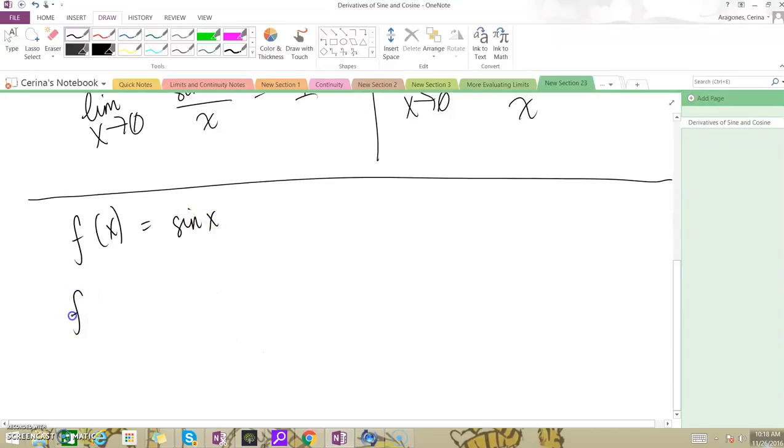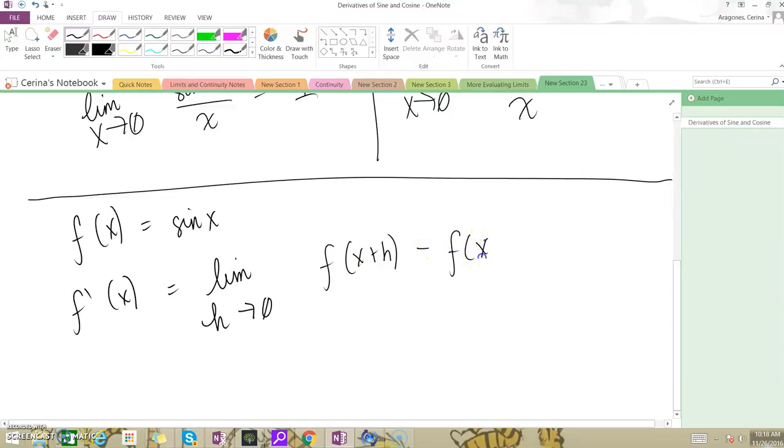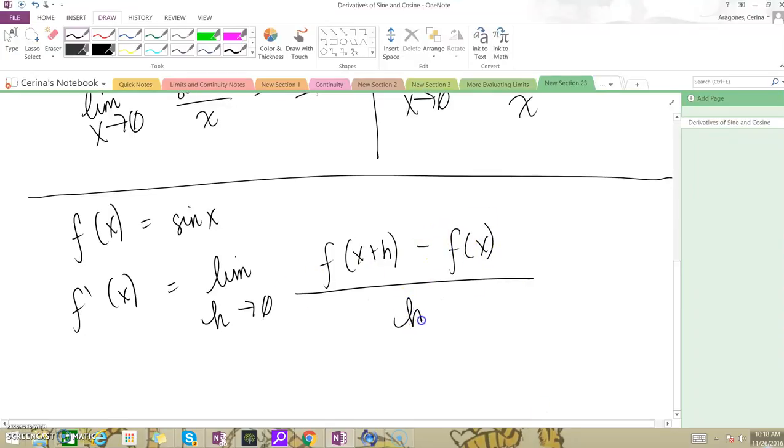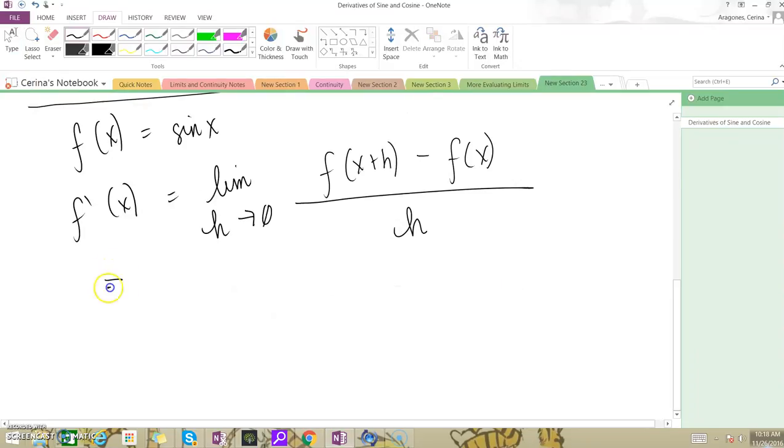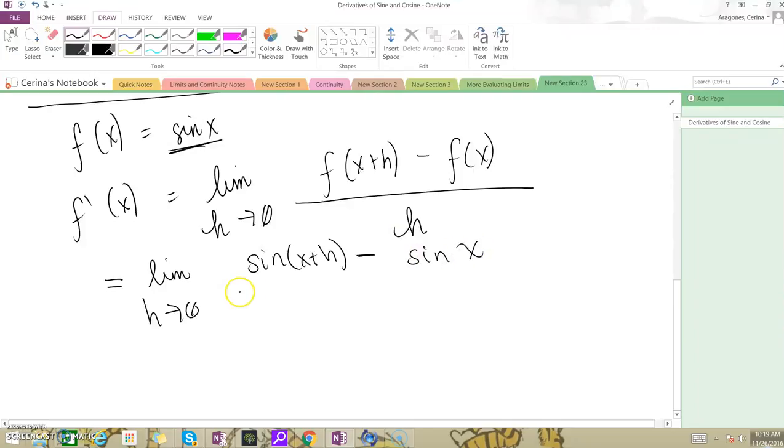We want to find the derivative, which we know is the limit as our x values get closer together of our change in y over our change in x. So our function is sine of x, so this is the limit as h approaches 0 of sine of x plus h minus sine of x all over h.